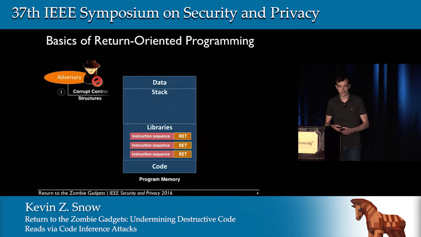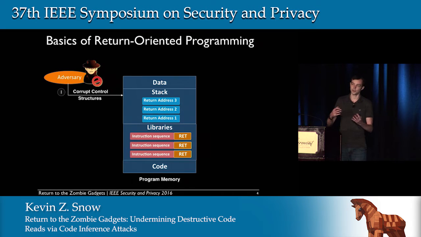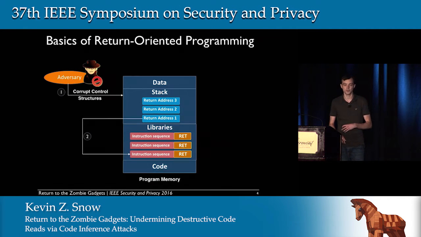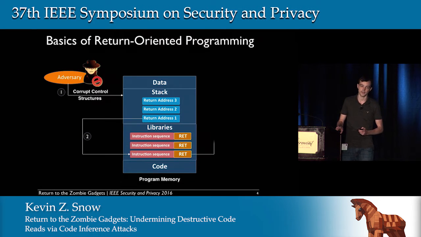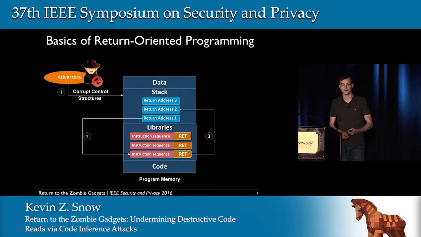Instead of the attacker highlighting and selecting various words and letters, the attacker provides as input to the program a series of gadget pointers and then redirects the program control flow to point to the beginning of this series of gadget pointers, taking control of the program flow such that when a function is returned from, the first return address provided by the attacker is popped off the stack, the short sequence of instructions in the gadget is executed, followed by a return, which has the effect of popping the next value off the stack the attacker provided and executing the second gadget.